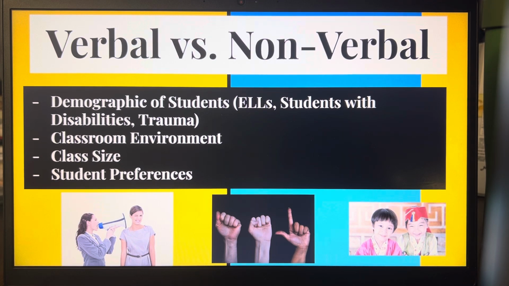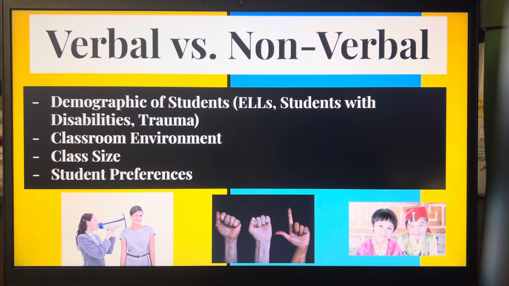So with nonverbal cues, when I want my students to take their hoods off, I act like I'm taking my hood off. Or if I see running in the hallways, I lower my hands down and pat my hands down to let them know to slow down.